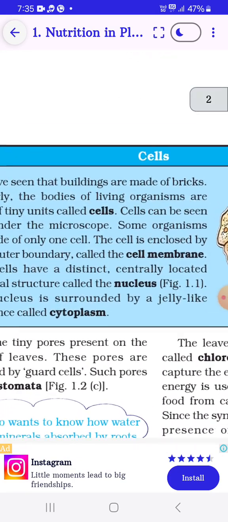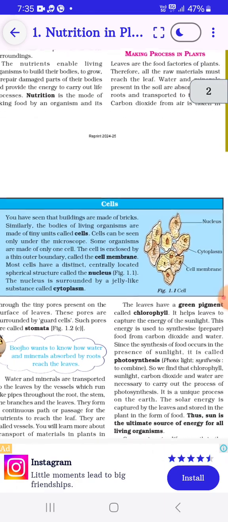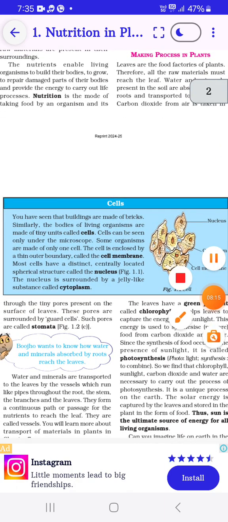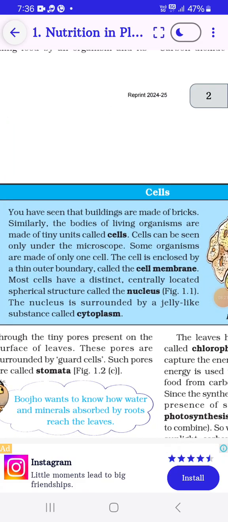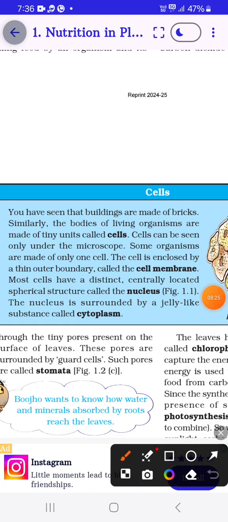Before that, let us read ahead first. Cell. What is a cell? You have seen that buildings are made up of bricks.